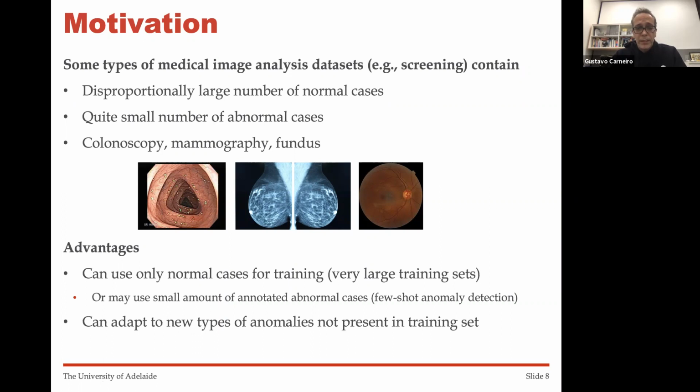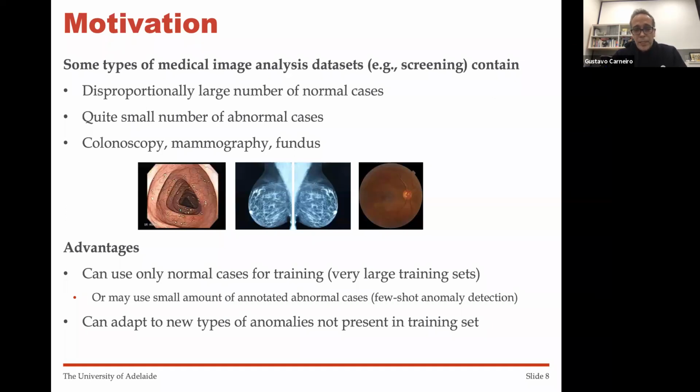The advantage of using anomaly detection in medical image analysis is that a lot of the systems that we have can use only normal images for training, which means that you can have very large training sets. One particular advantage is that you can also use a small amount of annotated abnormal cases, which we usually call few-shot anomaly detection.